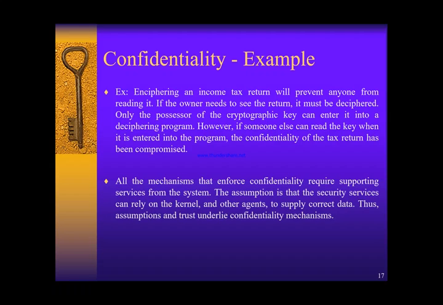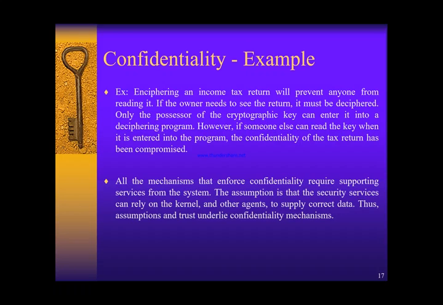All the mechanisms that enforce confidentiality require supporting services from the system. The assumption is that the security services can rely on the kernel and other agents to supply correct data. Thus, assumptions and trust underlie confidentiality mechanisms. Unless you give the proper key for that particular system, you are not able to see the proper income tax returns.